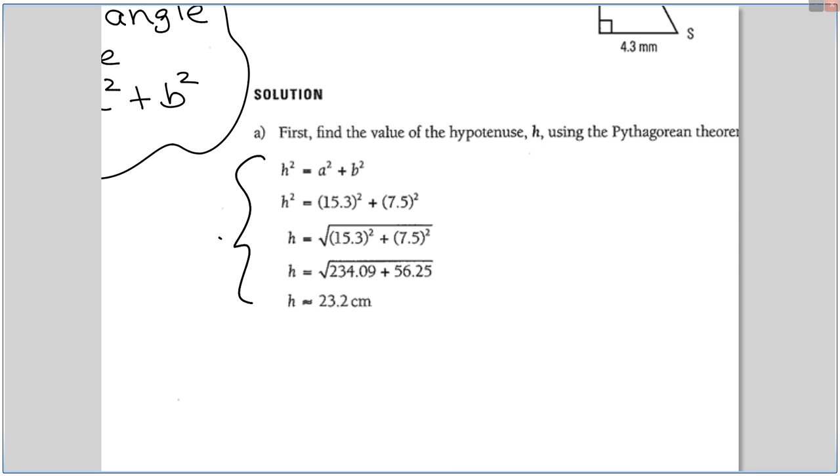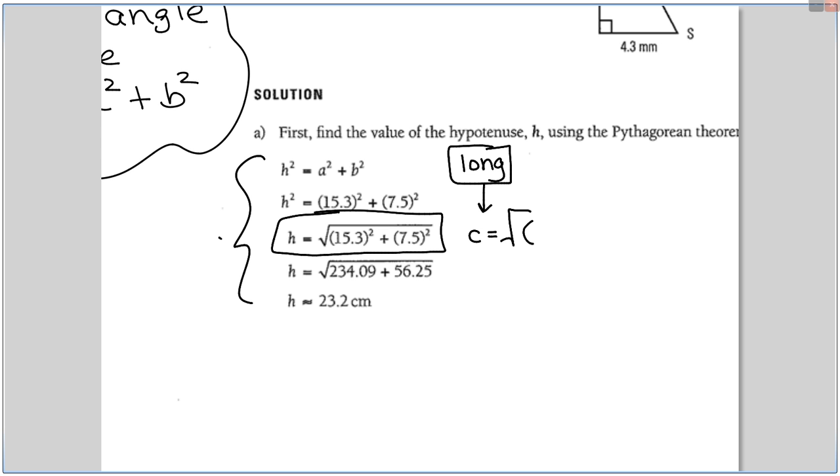You see all this work here? We don't need to do that. We only need to do this part. That's all you need to type into your calculator. This is for long. Hopefully this is already in your study sheet or formula sheet. To solve for long, it's always c equals square root sign, bracket. What that does is it puts this square root sign over everything.